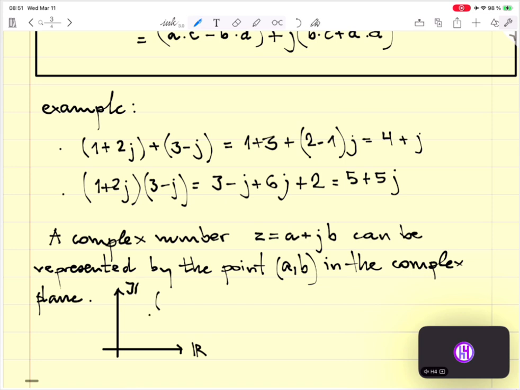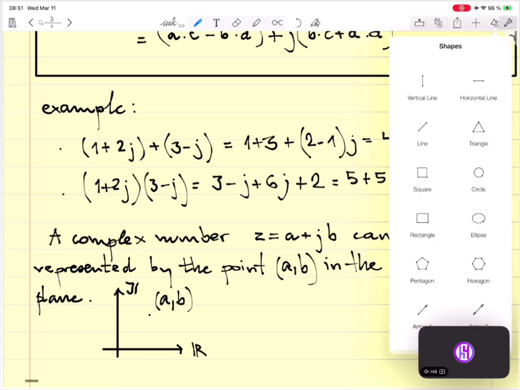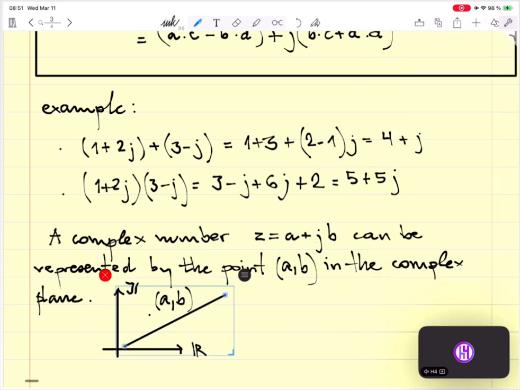So this is the point AB. And the fact of the matter is that talking about vectors in an orthogonal basis is the same as talking about complex numbers.